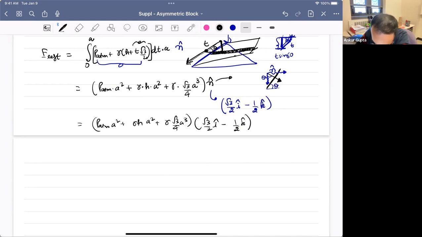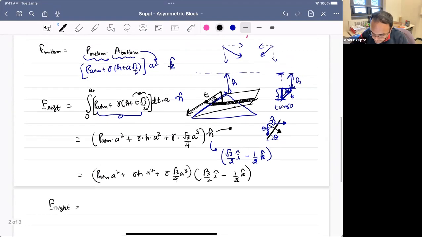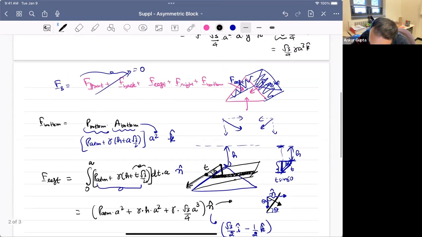Now, F right, I don't have to calculate. F right is simply the same number as we had discussed, but the direction is opposite. When I do F right, I will have both to be negative. My i cap would also be negative and j cap would also be negative.